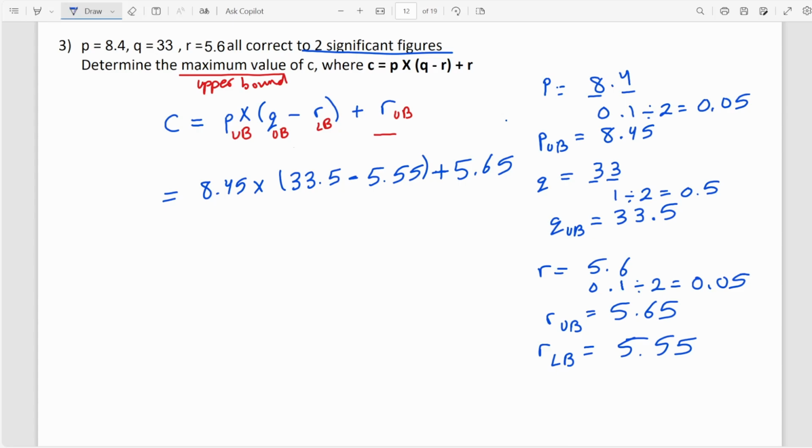Make sure you put the brackets on your calculator. And we get the final result as 241.8275, okay? Now, to three significant figures, this would be 242. Let me just remove this dot. Okay, that's it. This is the final answer.